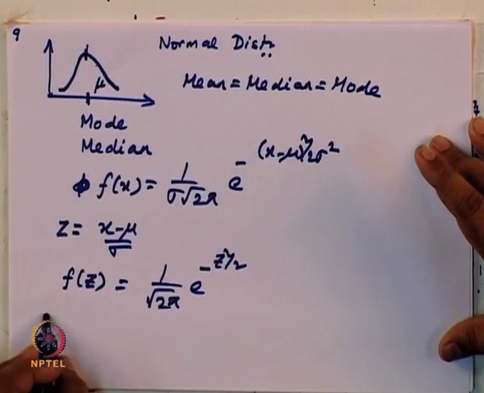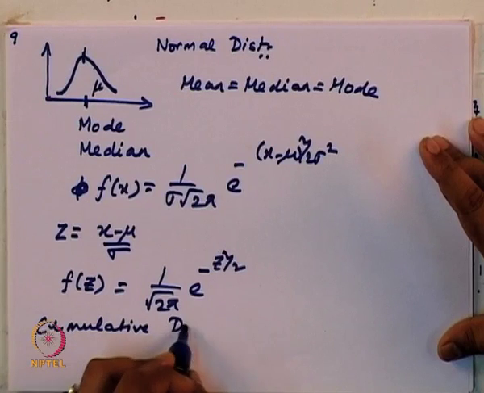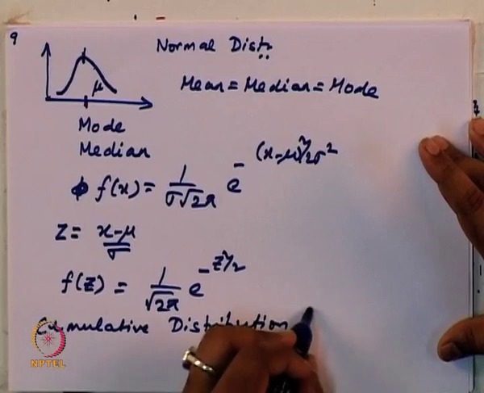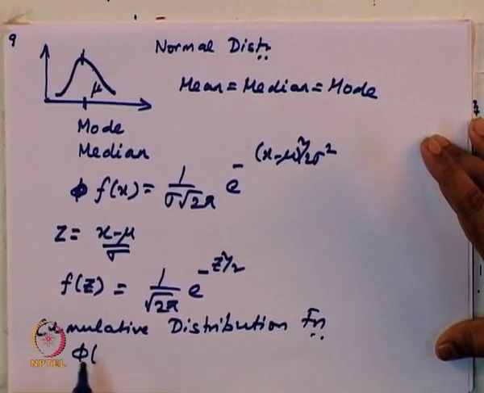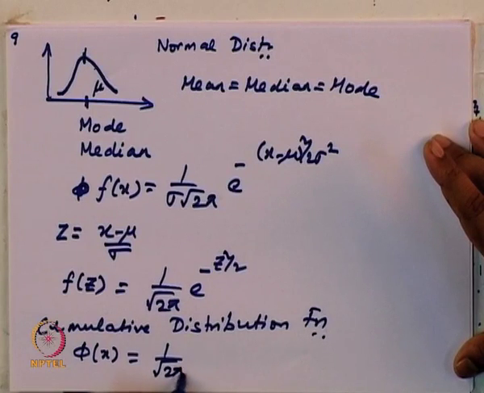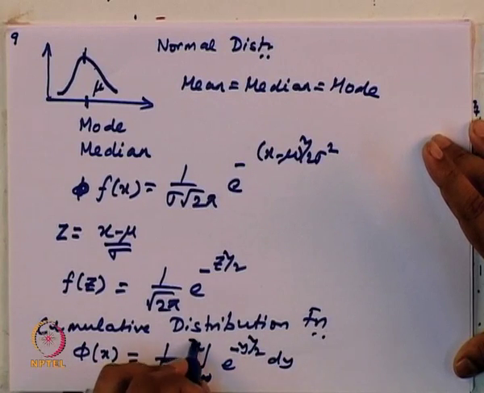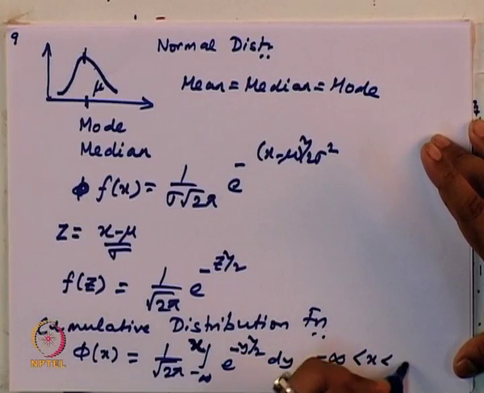And the cumulative distribution function phi of x then becomes 1 by root 2 pi into the integral from minus infinity to x of e to the power minus y square by 2 dy, where minus infinity is less than x less than infinity.